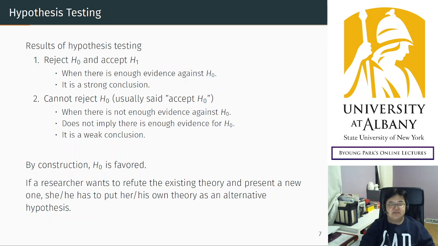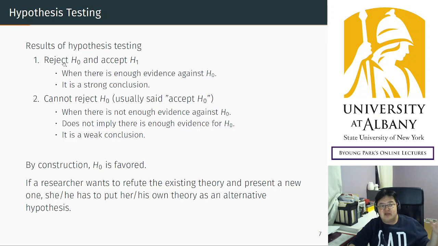So that's the basic structure. And as I said, one requires strong evidence, but the other does not. So rejection requires strong evidence against the null hypothesis. So it is a strong conclusion. If you reject the null hypothesis, then it's a strong conclusion because it was rejected even if it was favored.